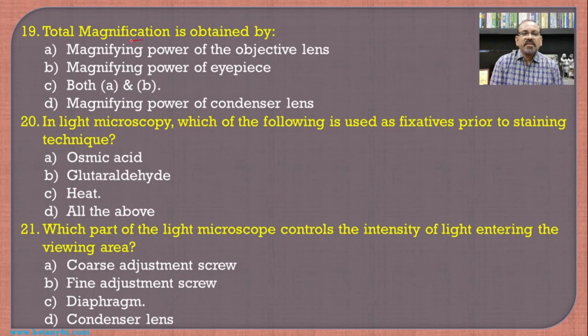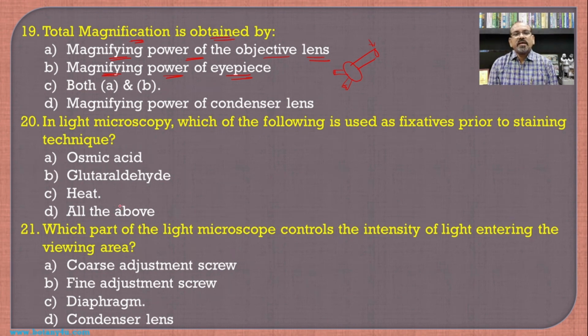Then total magnification is obtained by, first, the magnifying power of the objective lens, and the magnifying power of the eyepiece. So you have seen the microscope, here there is the presence of the eyepiece at this point, and here there are the objective lenses.